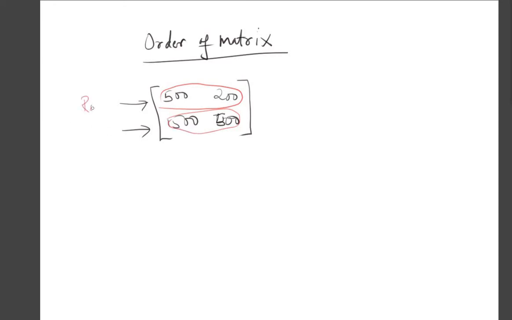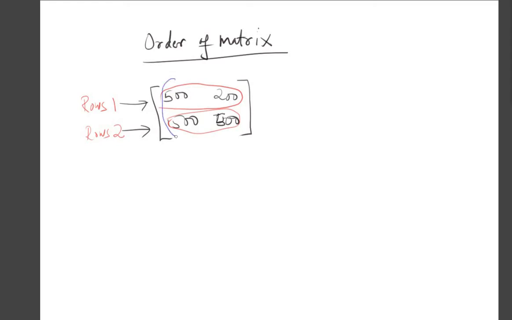These are called rows. Here, how many rows do I have? I have 2 rows, row 1 and row 2. Now let me change to another color to differentiate it a bit more.